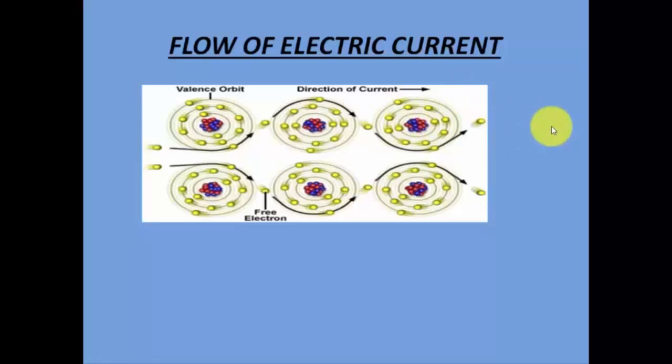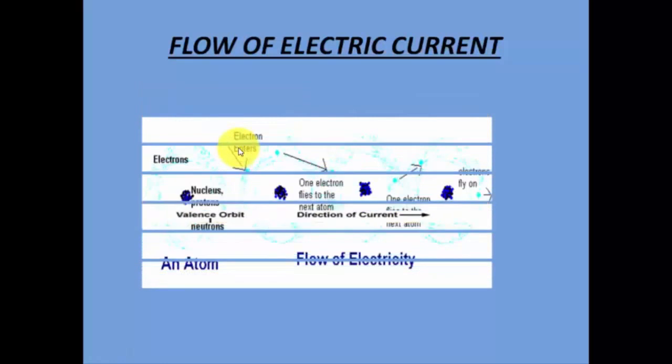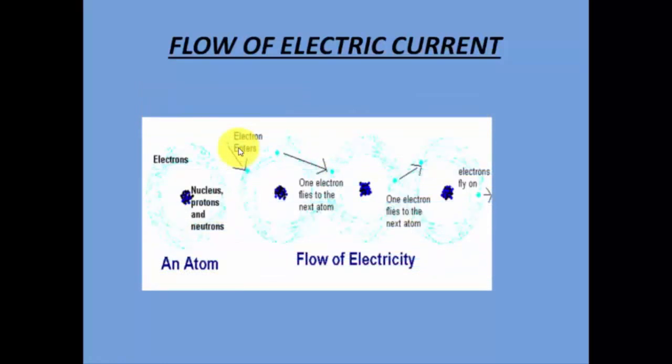Now why is that so? Why is it that only this particular electron moves and not the rest of them? That is because this is a loosely bound electron, so it is easily transferred onto another atom, and this is the way that the electrons flow, and this makes the electric current flow, because flow of electrons is ultimately flow of electricity. This is how the electric current flows.